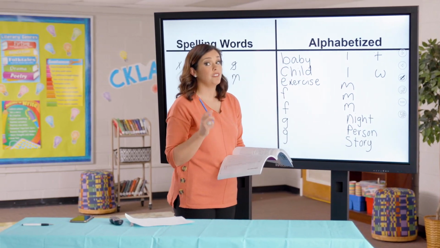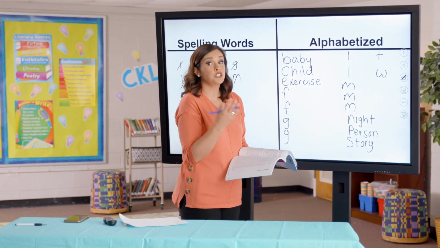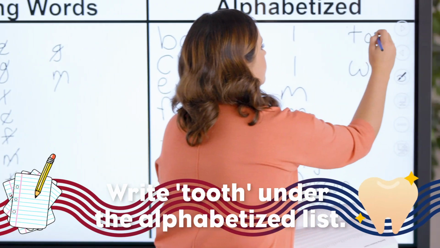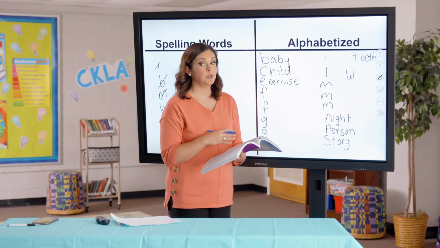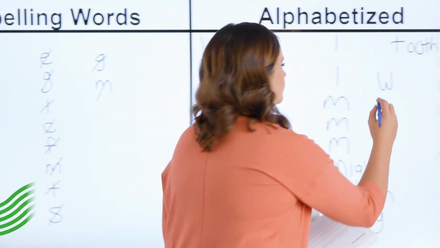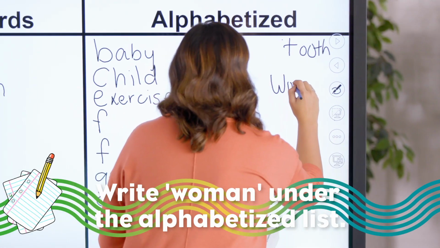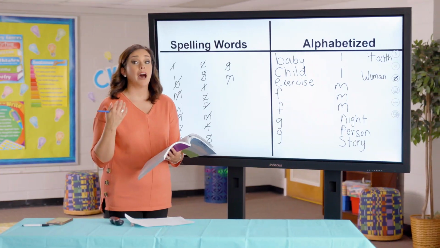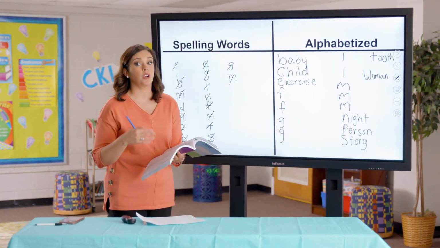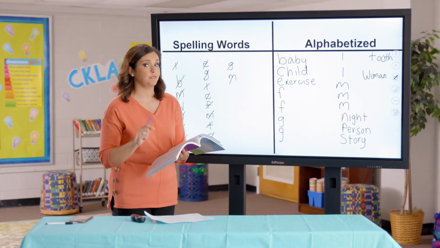The only spelling word this week that begins with the letter T is tooth. Our word with W this week is woman. So I've just put all the spelling words on the board that didn't have a duplicate first letter.